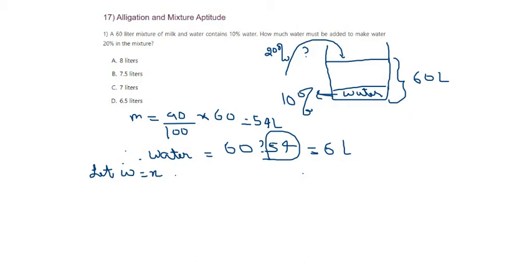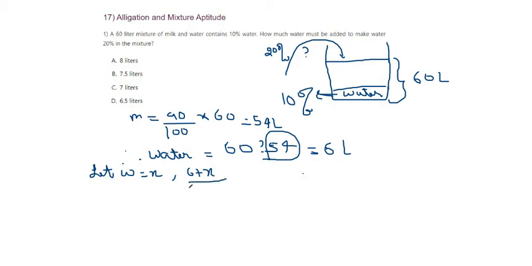Because we have to find the accurate answer and you don't have 6 in the options, let the water to be added be x. Now the ratio is 6 plus x, because they have asked how much water must be added to make the water 20% in the mixture.